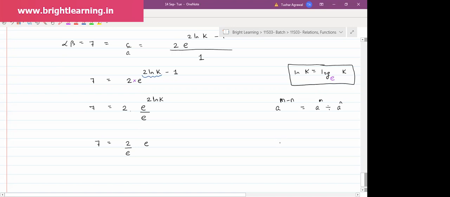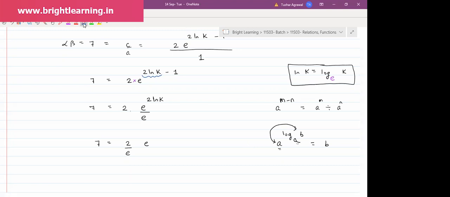So this property will be helpful here: a raised to log b to the base c is equal to b raised to log c to the base a. The corollary is that a raised to log b to the base a is equal to b, since the base of the exponent and the base of the logarithm are the same, so I can directly write it as b. Do you remember this property?